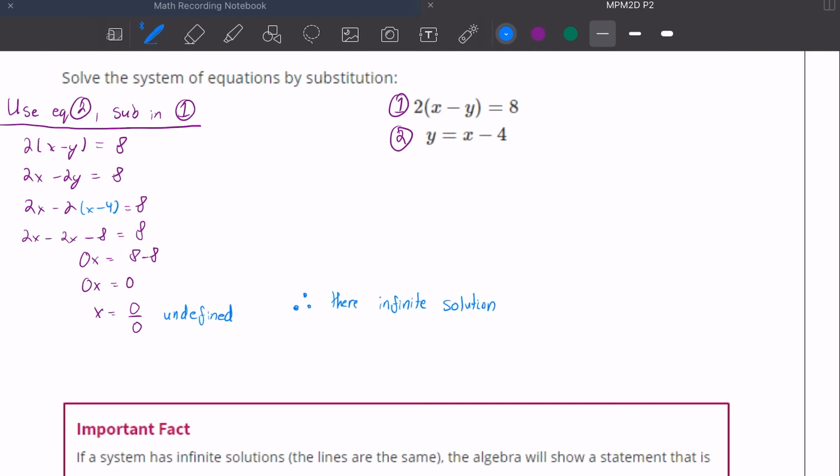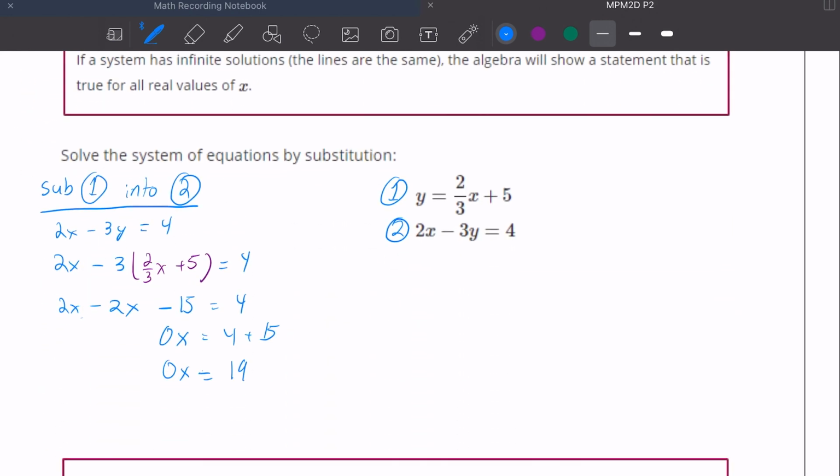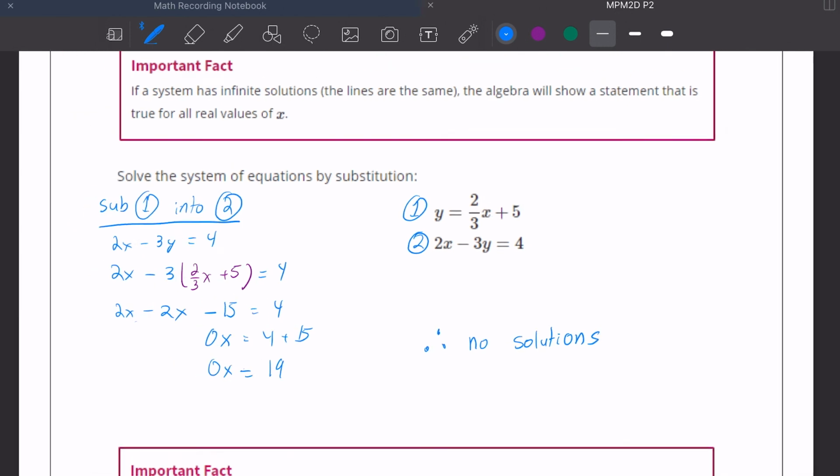It needs to be undefined with a 0 over 0 in order to be infinite solutions, but anything here where you have 0x equals something, an actual number, not a 0, that is where you're going to have no solutions, which means the two lines are parallel. It's important to be able to notice the difference between the two.